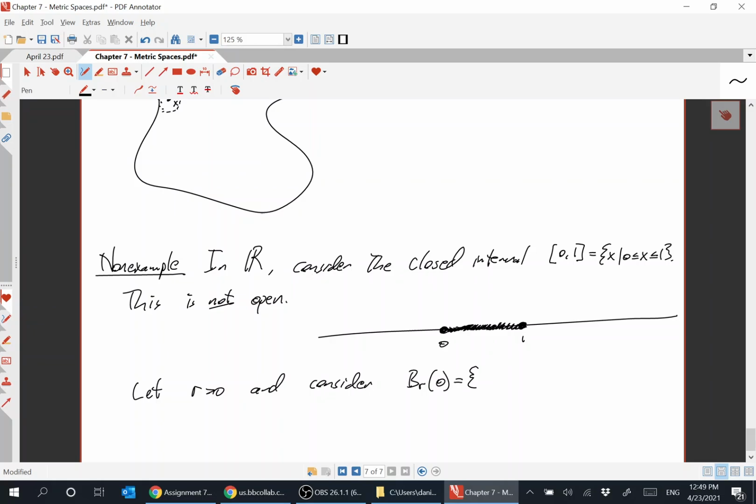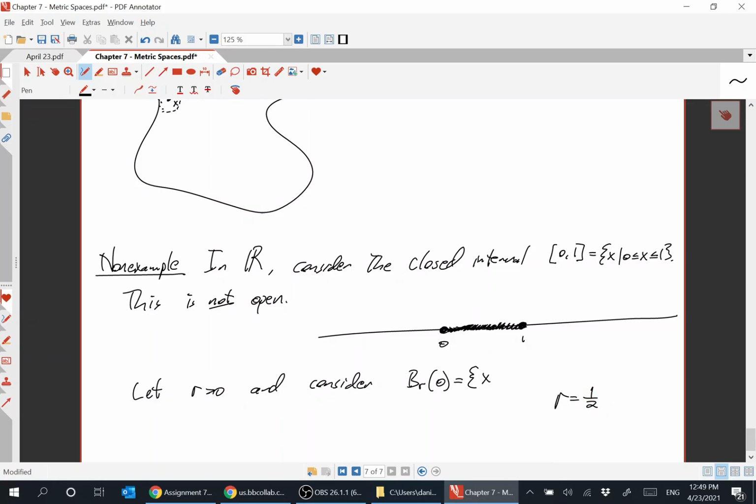Which real numbers have distance less than r from 0? Suppose r is equal to a half.